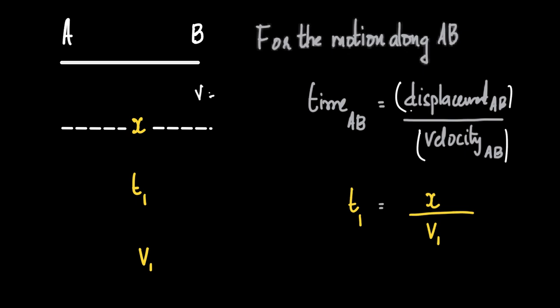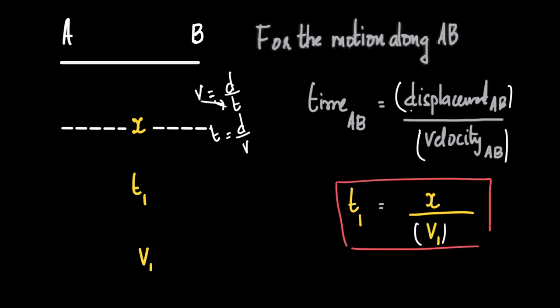Why? Because we know that velocity is equal to distance by time, and therefore time is equal to displacement by velocity. What is the displacement here? The shortest path between A and B, which is x, and the velocity to cover AB is v1. So what do you have as the expression for time? Time t1 is x by v1 here.